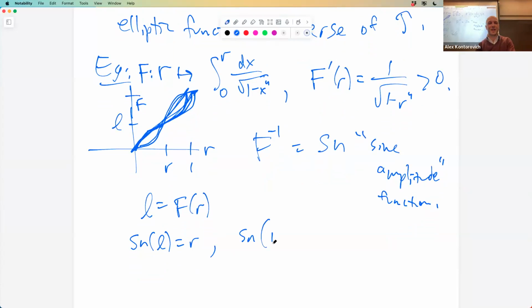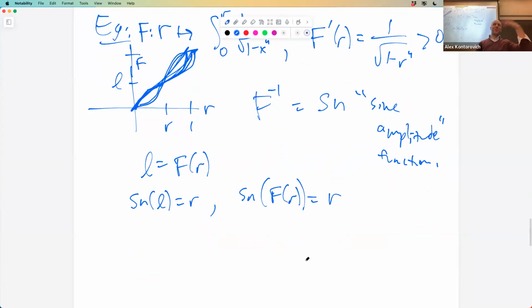How do we work out the derivative? You guys remember this? So what's sn of F of r? sn is the inverse function, so it's just r. It doesn't do anything. So if I differentiate both sides with respect to r, this is all Calc 1. I'm just reminding you of Calc 1 again and again. Derivative of sn is whatever it is at F of r times, by the chain rule, F prime of r.